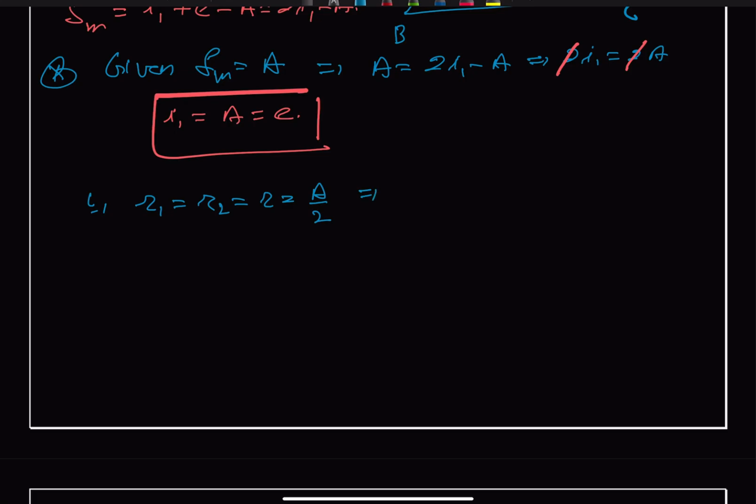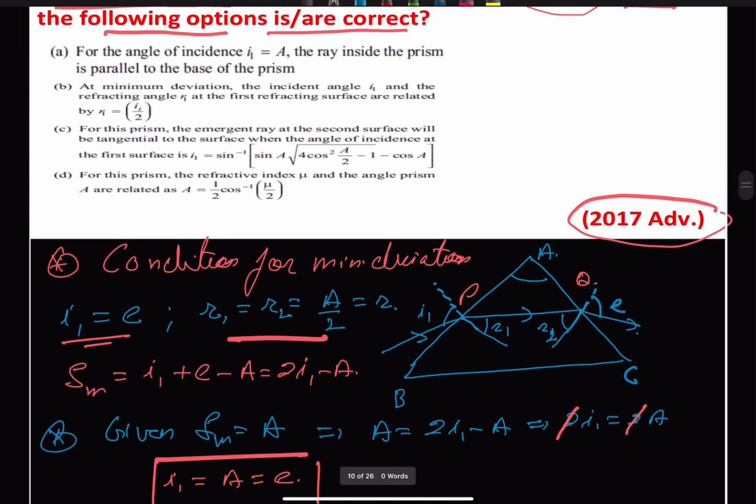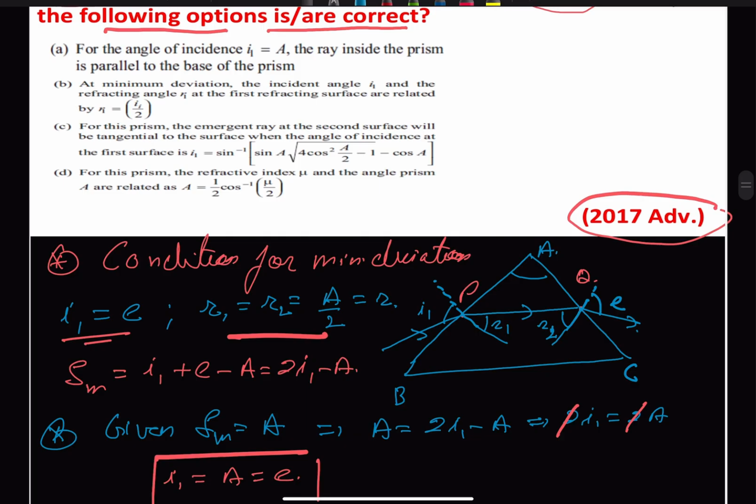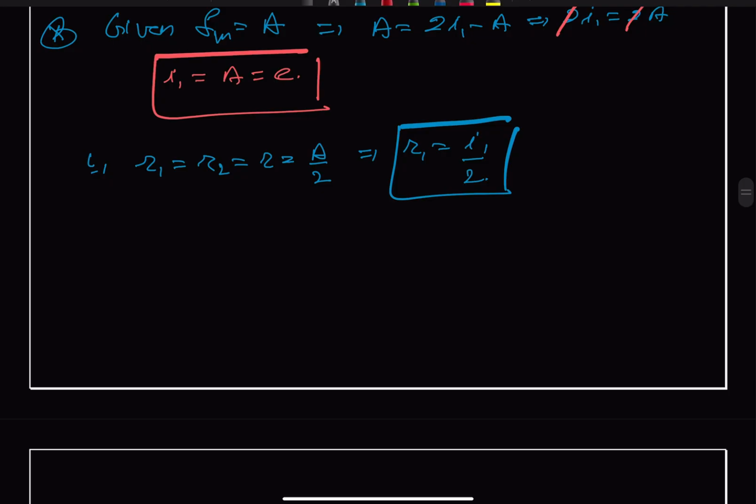Therefore we can write that our R1 is equal to I1 by 2. So we found the angle of refraction in terms of the angle of incidence. Therefore option B is the correct one. Option B is correct.